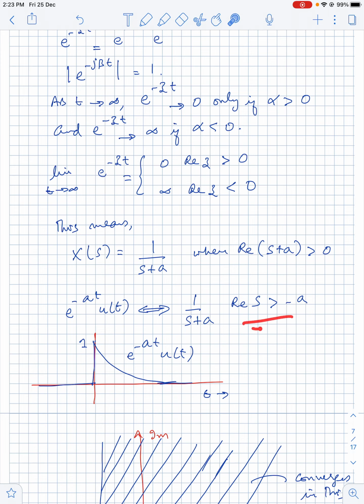Only if this condition is satisfied will this Laplace transform converge absolutely to a bounded value.